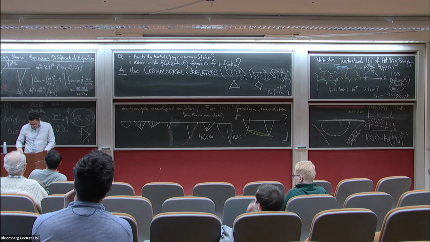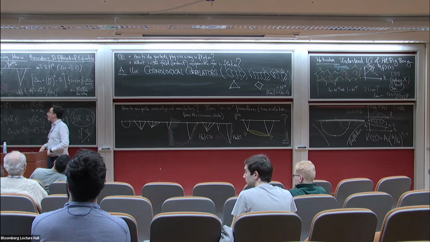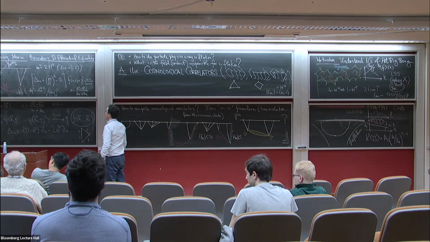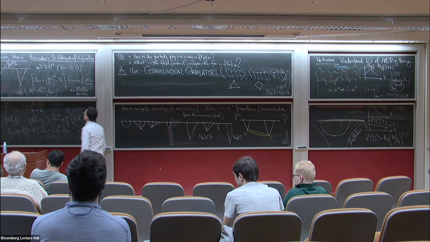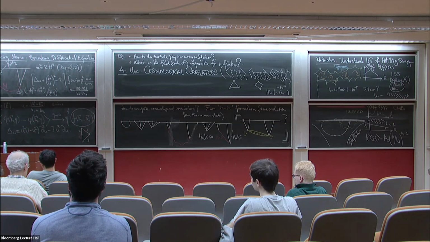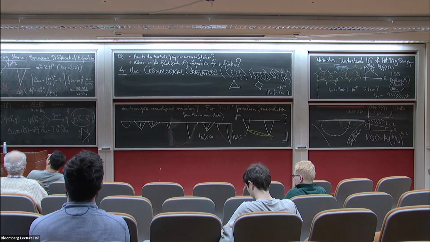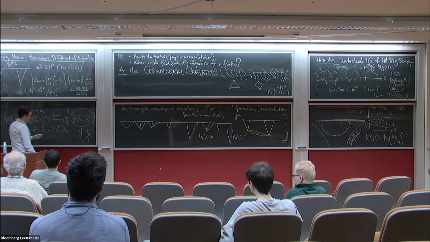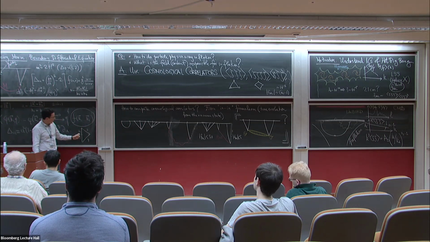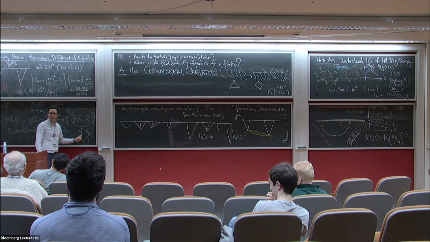So this is an old story by now, but I just wanted to. So you don't require anything to happen in the past? You don't ask for things to vanish deep in the past? No. There is a boundary condition that is related to demanding that all fields start their life in the vacuum. And the way it's implemented at the level of the differential equation is by demanding that there's no collinear-like singularity.